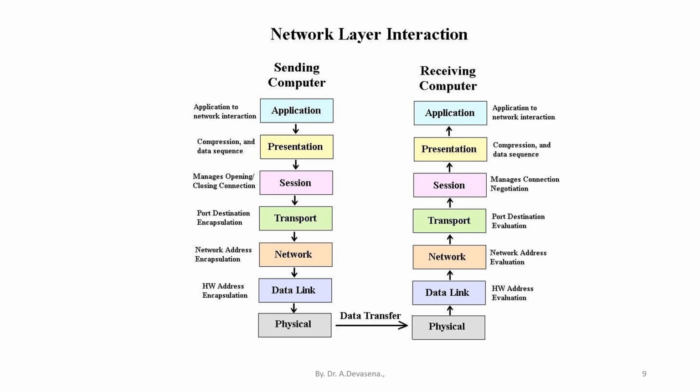The transport layer performs port destination evaluation. The session layer manages connection negotiation. The presentation layer evaluates compression and data sequence. The application layer in the receiving computer evaluates application to network interaction. These are the functions performed in the sending computer and in the receiving computer.